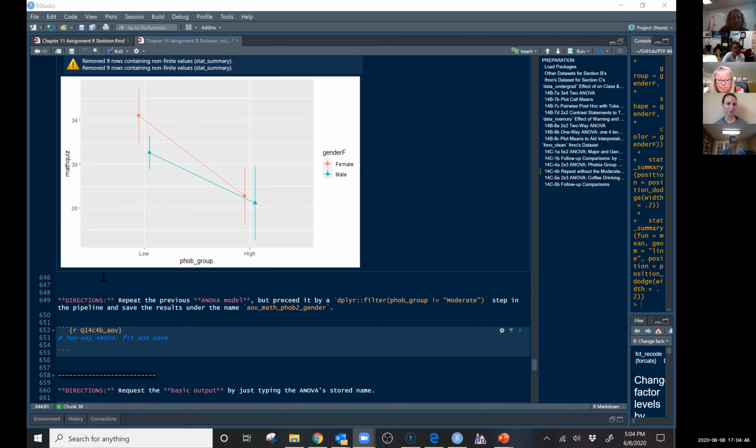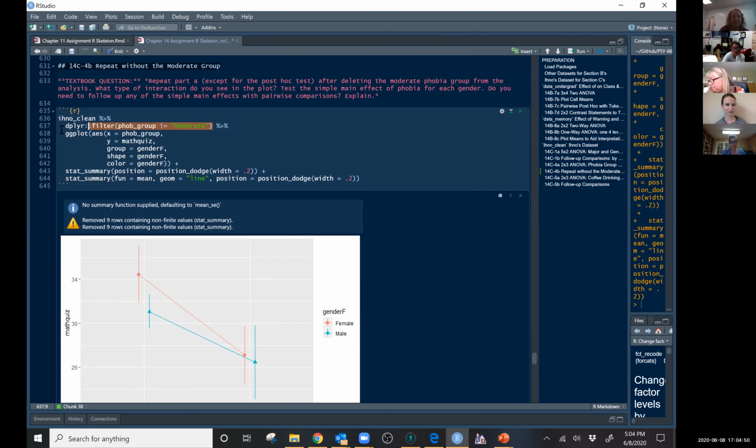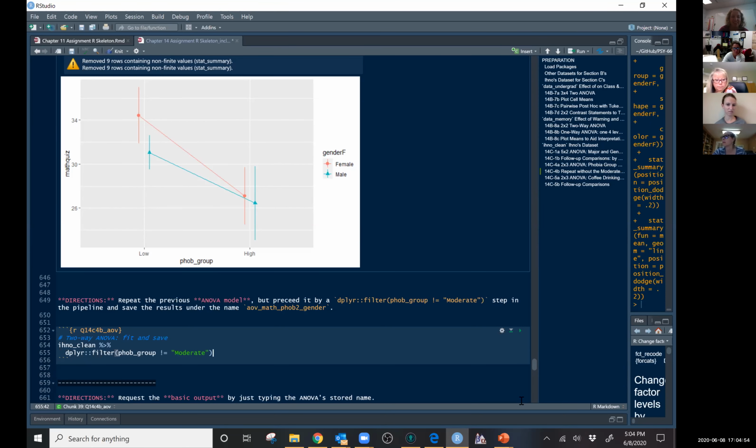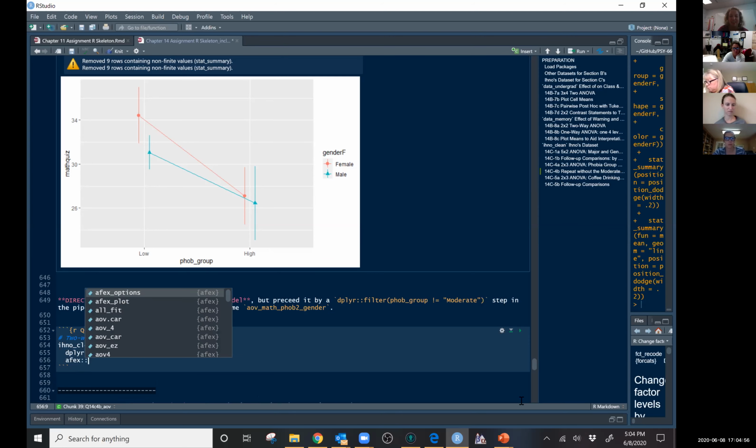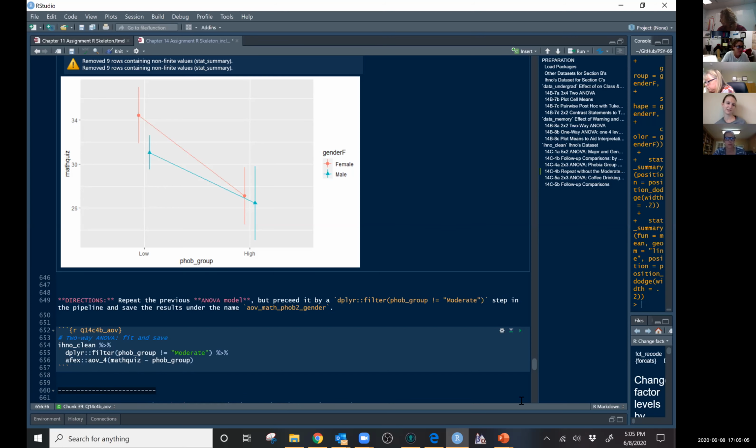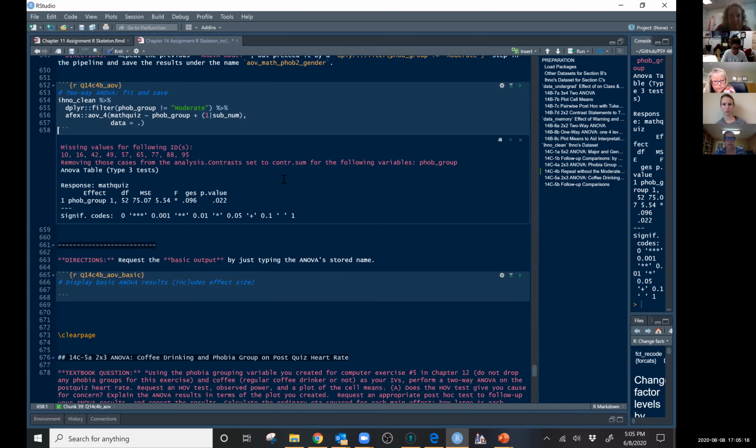Okay, so let's actually do the two-way ANOVA to see if that's a significant interaction or not. Oh, I'm supposed to save this as something.